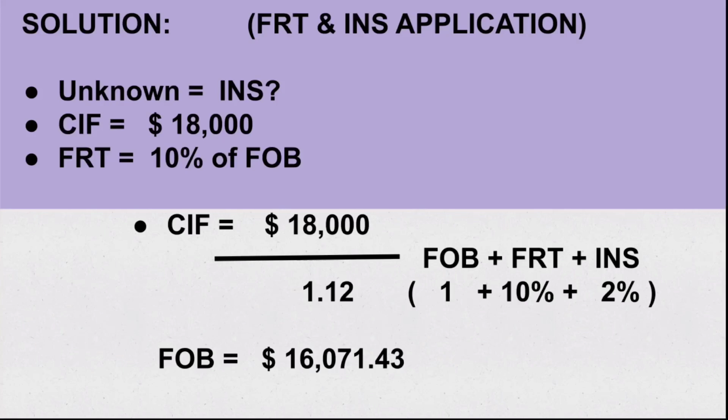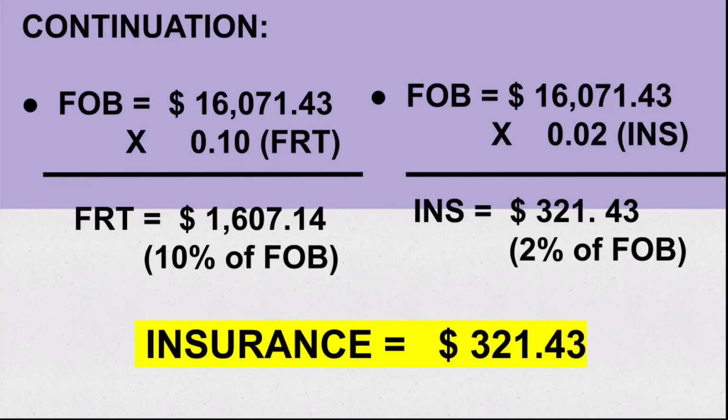So, first, we solve the $18,000. We divide that by 1.12. Again, FOB plus freight plus insurance, we have 1.12. And then we have the FOB of $16,071.43.